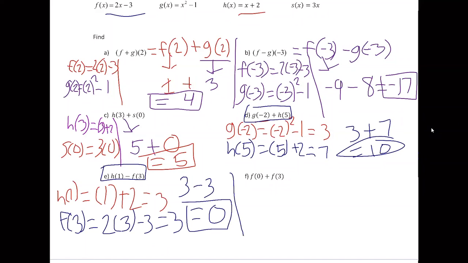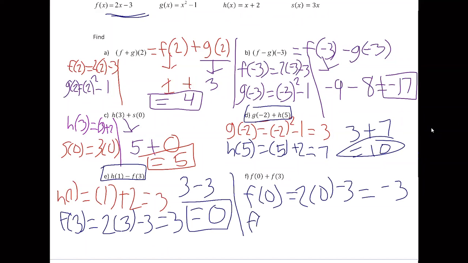And then our last one, same idea, f of 0. You're going to plug it into this first function. So 2 times 0 minus 3 would be -3. F of 3 we just did, over here, so I already know that answer is 3.